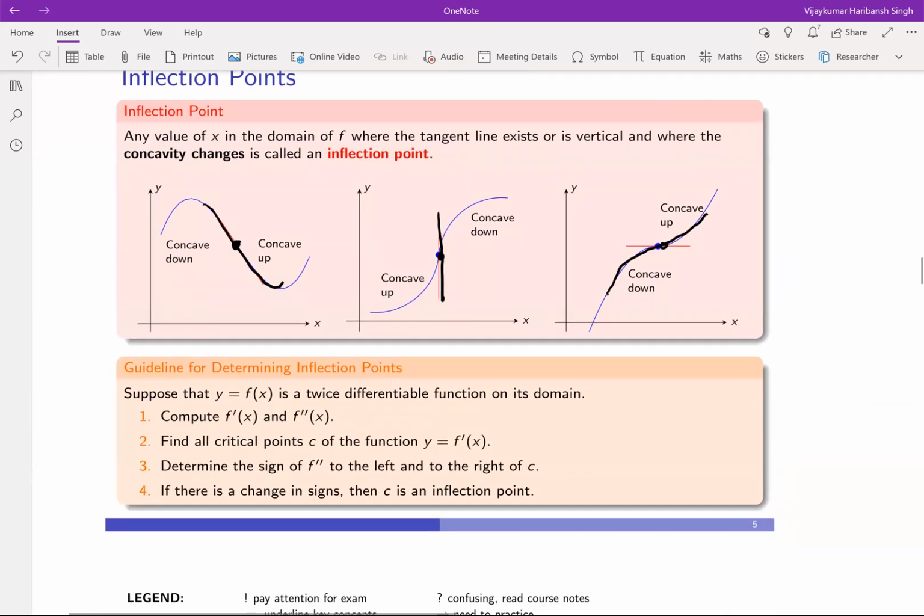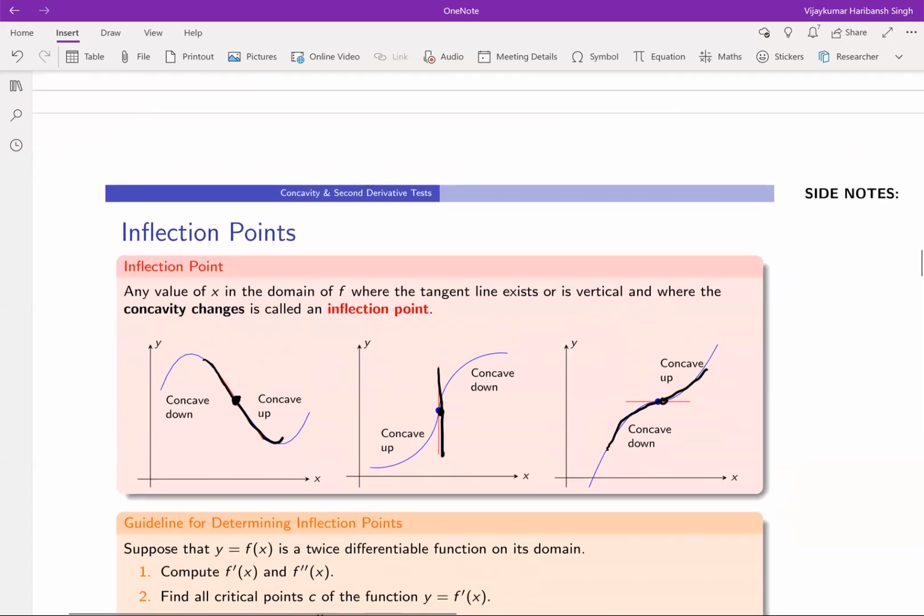How do you find such points at which the concavity changes? Here, if you notice, the function changes from concave down to concave up. Similarly here, the function is concave up and then it becomes concave down. Similarly here, it is concave down and then becomes concave up.